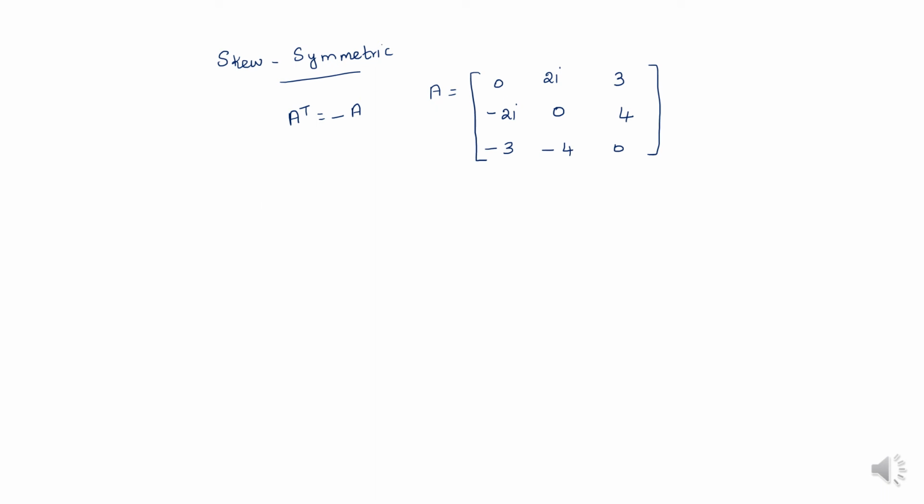Next வந்து நான் என்ன பண்ண போகிறேன்? A transpose find out பண்ண போகிறேன். ஸோ A transpose என்ன? காலமே ரோவையும் நான் இன்டர்சேஞ்ச் பண்ணுறேன். 0, minus 2i, minus 3. So first column is converted into row. And next column, 2i, 0, minus 4. Next, 3, 4, 0.